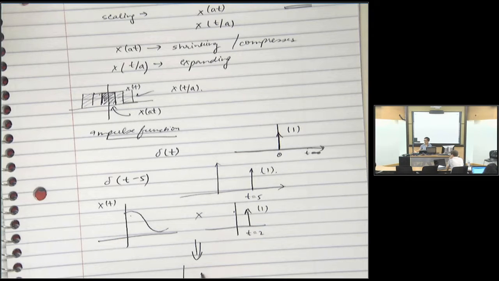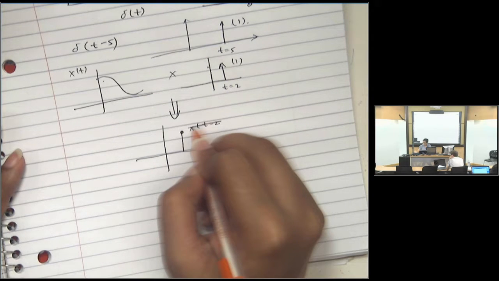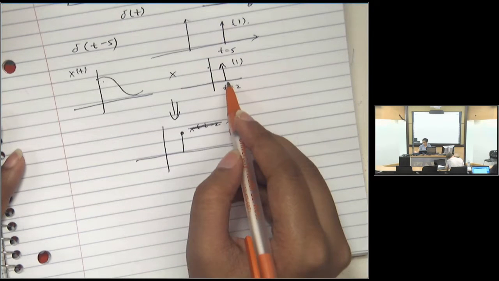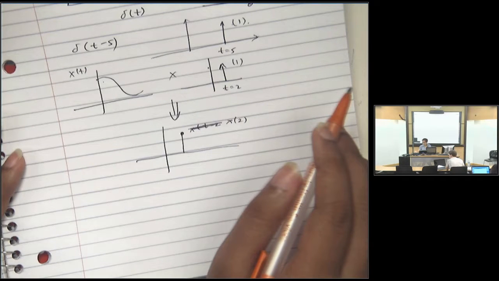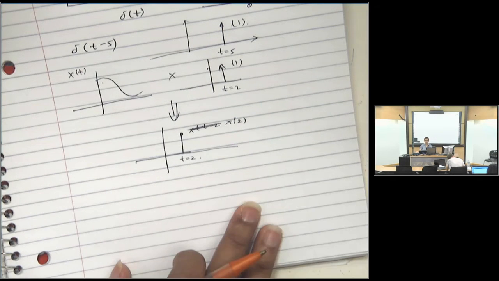So this is x at t equal to 2, or let's say x of 2. Because everything apart from impulse is 0 everywhere else apart from t equal to 2. When it's multiplied, it will only give you the value of x function at that instance in time.